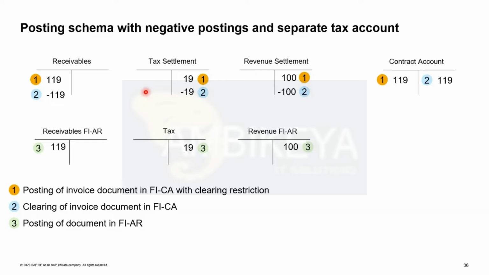So this scenario, we would never recommend, I would say, to use in parallel FIAR or FICA for the same business partner. But we have customers, a lot of customers, who are using some kind of transition functionality. Maybe they started a new B2C business and they are using convergent invoicing for this B2C business.